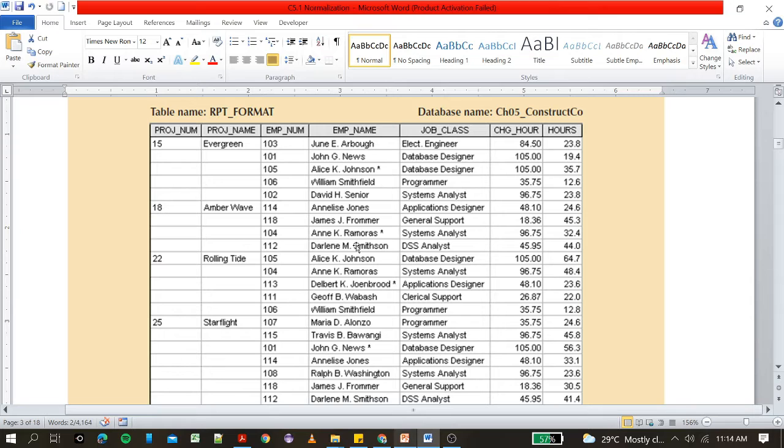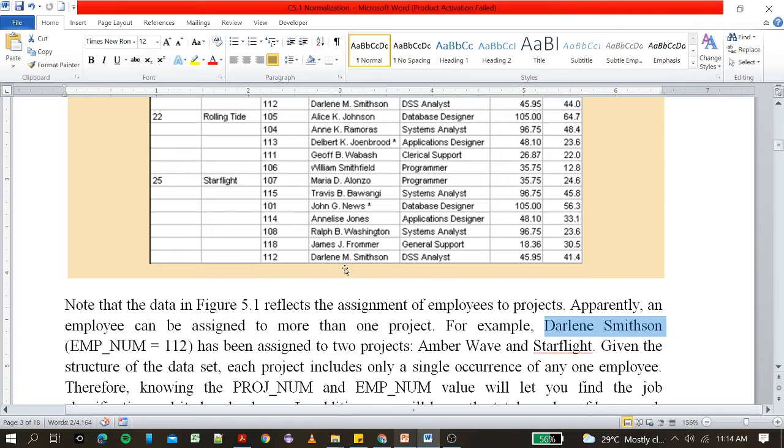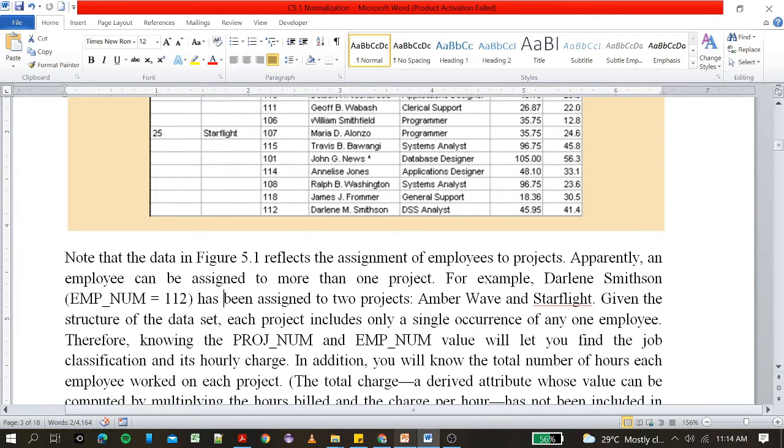Eto. Darlene Smithson, eto siya, sa Amber Wave. Then, pagdating sa Starflight, nandito rin siya, si Darlene M. Smithson. Pareho siyang naka-assign doon. Ito. Has been assigned to two projects, Amber Wave and Starflight.